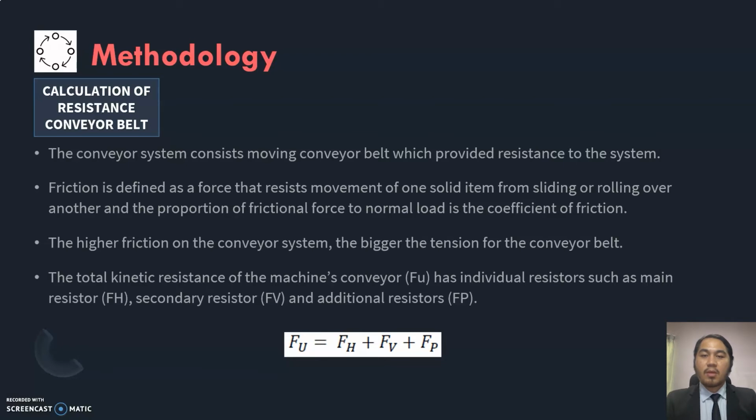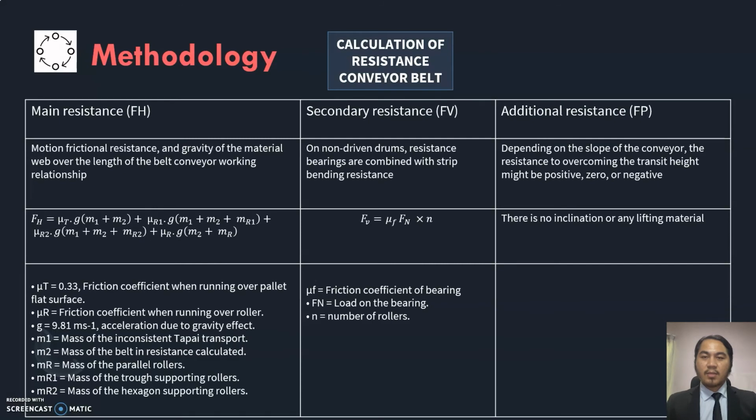The higher the friction on the conveyor system, the bigger the tension for the conveyor belt. The total kinetic resistance of the machine conveyor FU has individual resistors such as main resistor FH, secondary resistor FV, and additional resistor FP. The main resistance FH is the motion frictional resistance and gravity of the material web over the length of the belt conveyor working relationship.